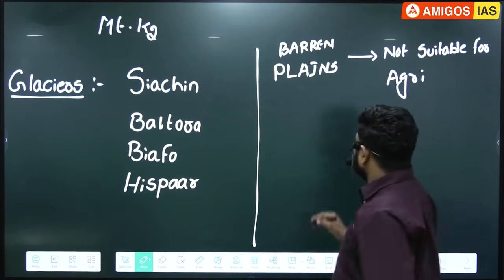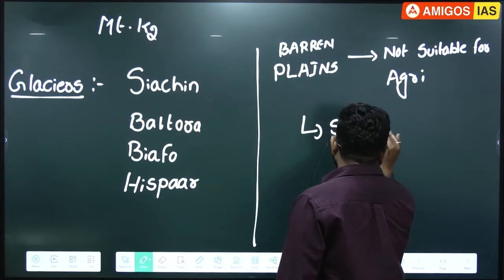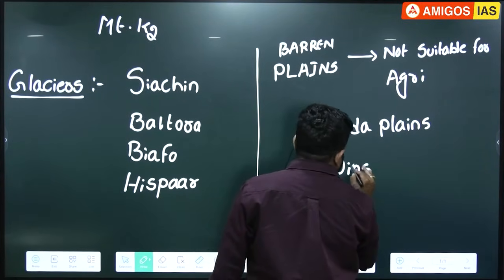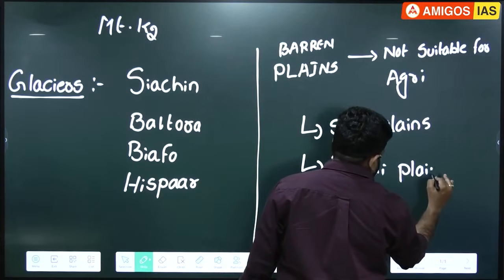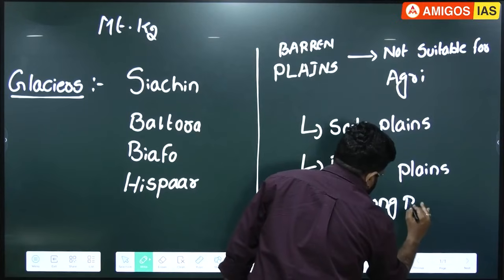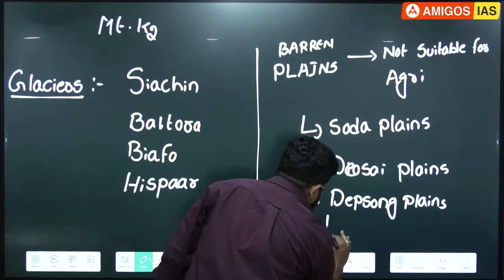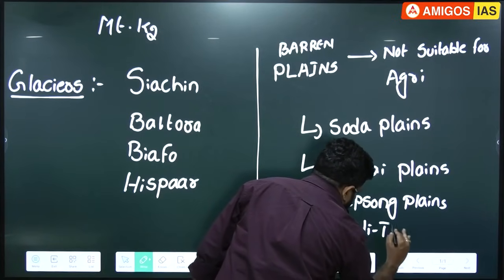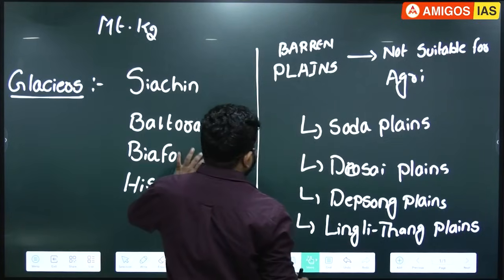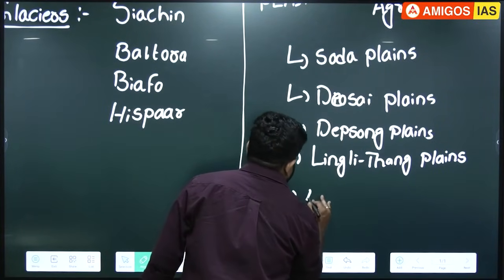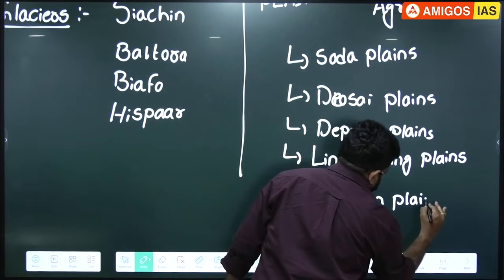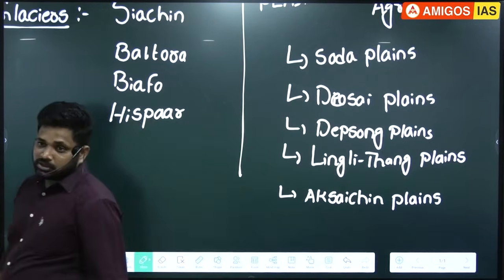The plains like Soda Plains, DSI Plains, Depsong Plains, Linglithong Plains and Aksai-Chin Plains.